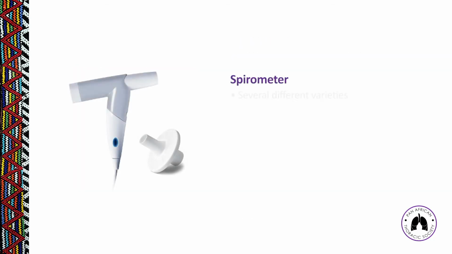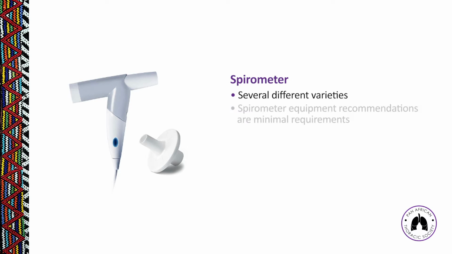A spirometer is a testing device which is used to measure the spirometry test. And all spirometers need to meet specific requirements that are recommended for spirometers. So they need to have minimal technical requirements for us to be able to derive all the measurements that we want and to be able to fully understand the test properly.